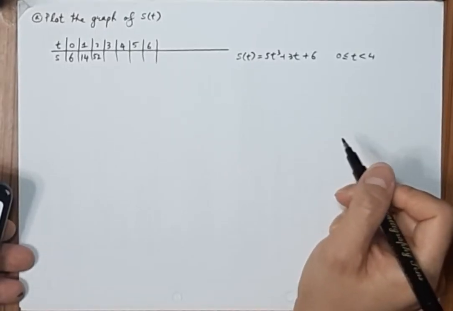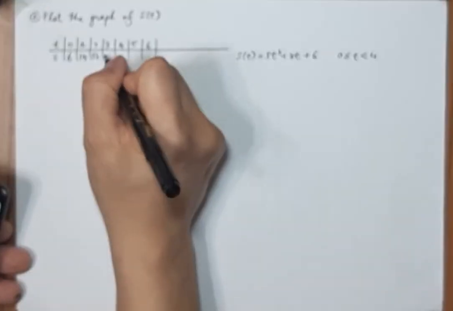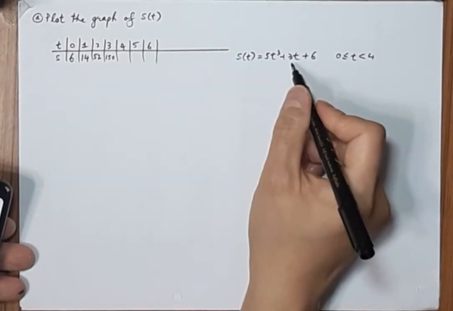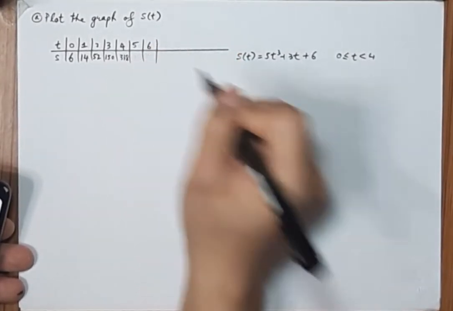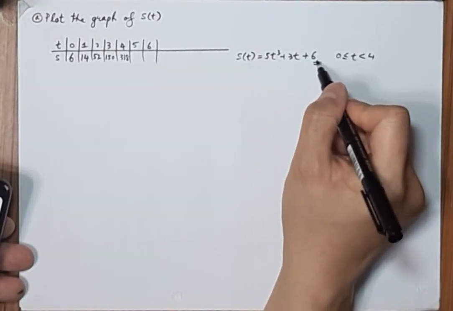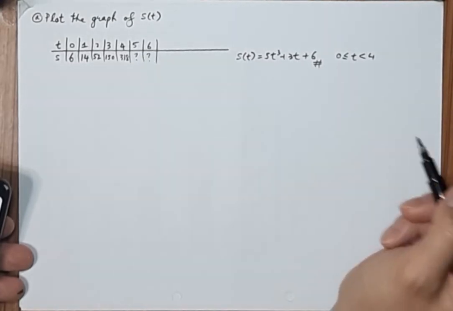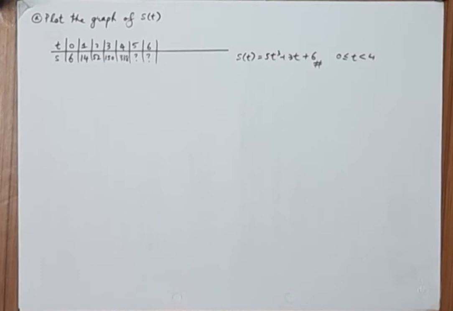When t equals 3, we substitute 3 into t, and s is equal to 150. When t equals 4, s is equal to 338. But when t is equal to 5 and 6, we cannot use this function any longer, so we don't know what s is when t is equal to 5 or 6. Now we are going to plot the graph.